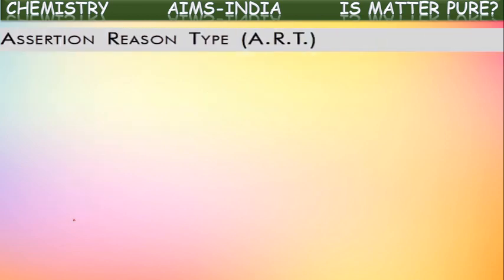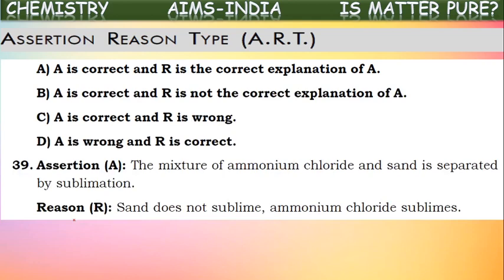Next, assertion reason type questions. The first question: a mixture of ammonium chloride and sand is separated by sublimation. What does sublimation mean here? The process in which a solid substance directly converts into gaseous form without coming into the liquid state is called sublimation.